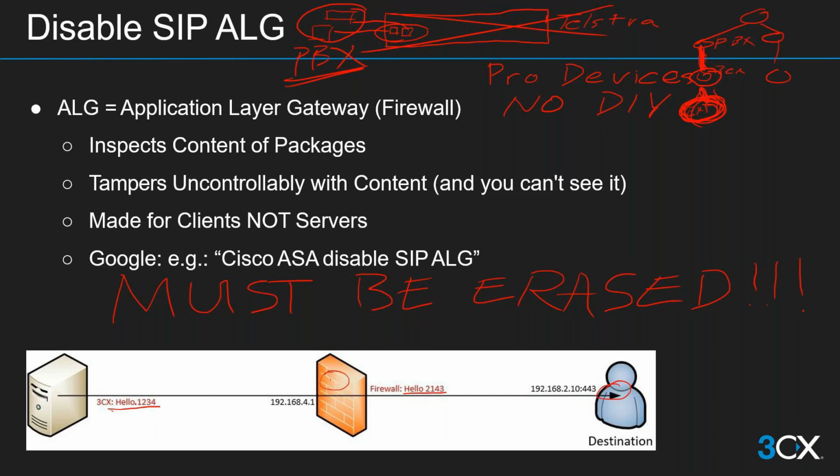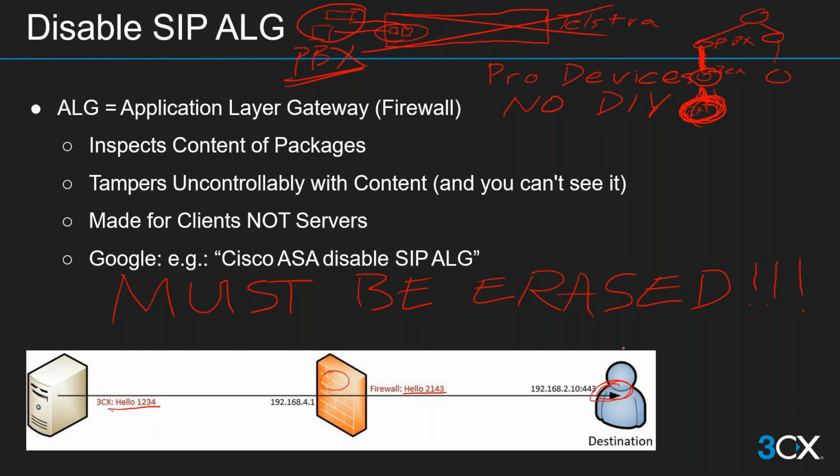You see, we have here very basic 1, 2, 3, 4. It changes it into 2, 1, 4, 3. It adds and changes the content of the SIP package, and the remote end says, "What do you mean with that? I can't read that. That's garbage." And drops it.